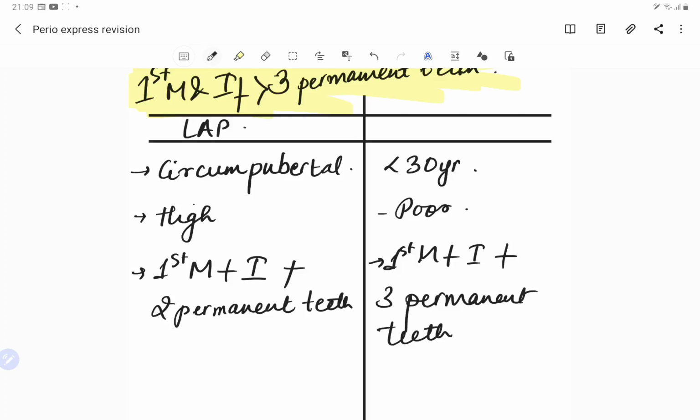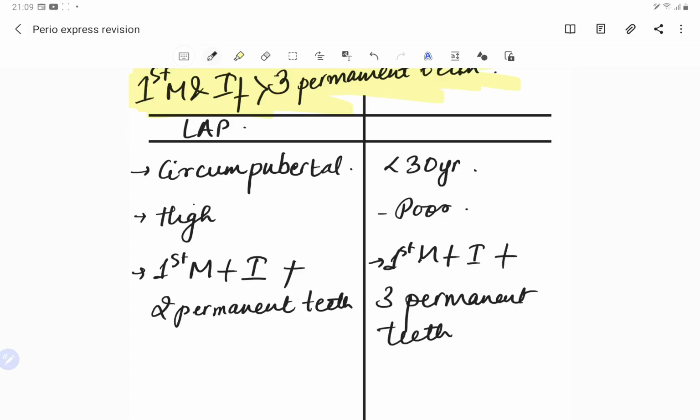That means the progression of the disease is slow. And chronic periodontitis often affects the older age group, that is somewhere around more than 55 years of age. It can even present in all the age groups, but is most commonly seen in the older age group. But the aggressive periodontitis most commonly affects younger patients.